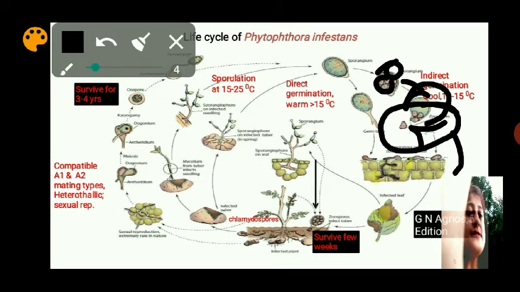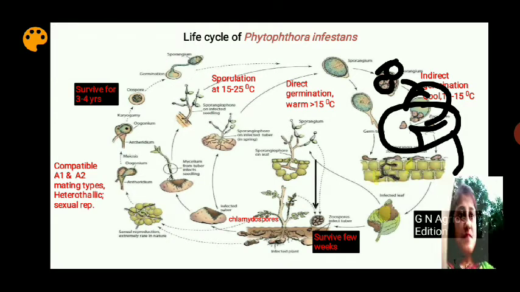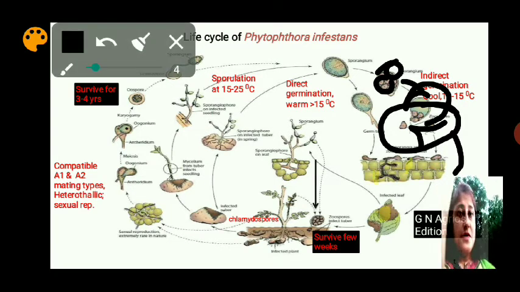These tubers are then the source of inoculum to the other plants, and through the soil water they migrate to other new tubers, and on these tubers fresh mycelia produce sporangium.